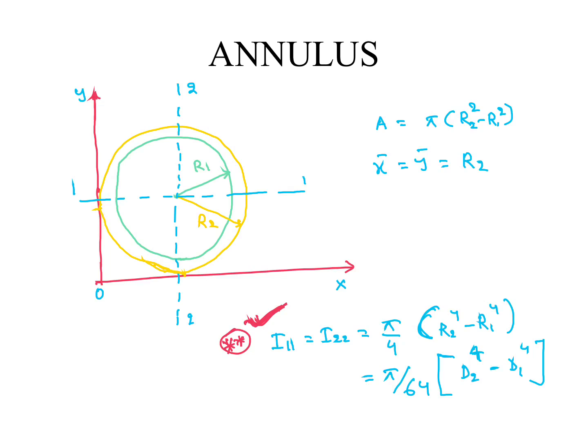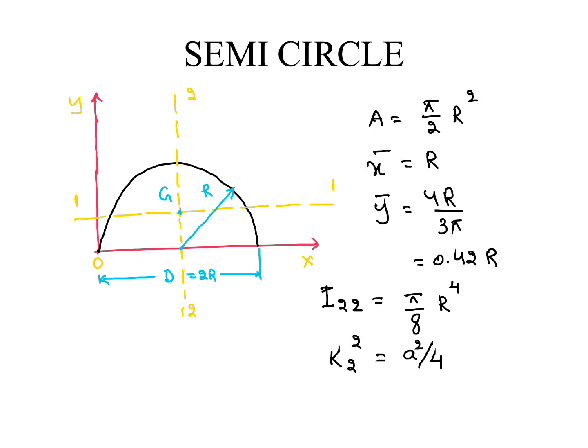Then for semicircle having radius equal to r, area is pi by 2 r square, x bar is this distance. Then y bar is very important, so many times asked in PSU examinations. Also important for other IES and GATE also.